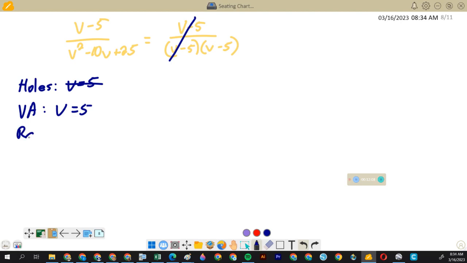And what about roots? Does this have any roots? No. Okay, what about HA? The top is weaker than the bottom, so the HA is at y equals 0.